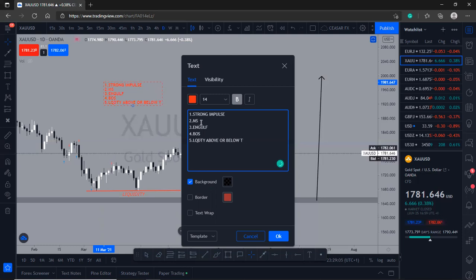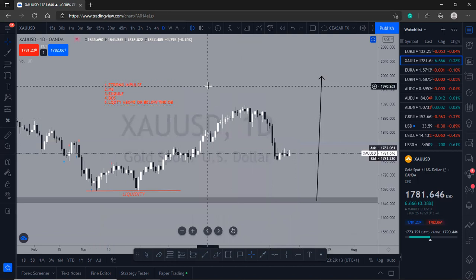If there is liquidity above or below the order block. These are 5 categories that make an order block valid and strong. So these 5 categories, they validate an order block.